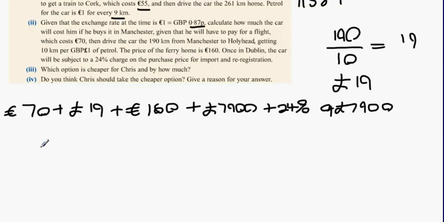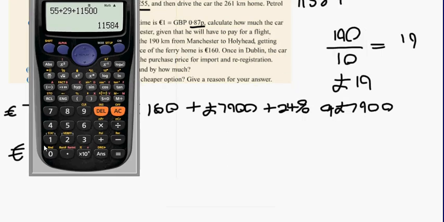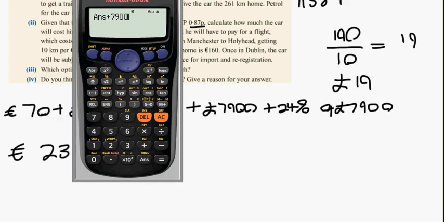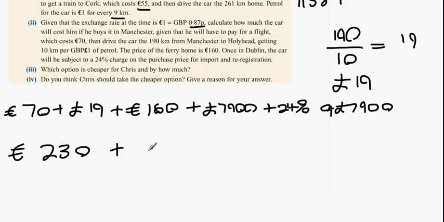So in total we have €230, and then we calculate how much sterling we have. 24% of 7,900 is 1,896, plus your 7,900 and then plus your 19. So I have 9,815 sterling.